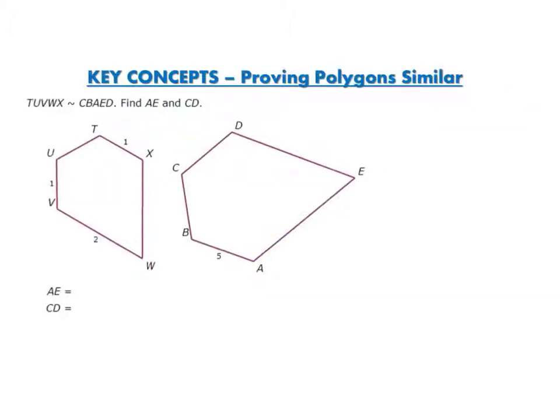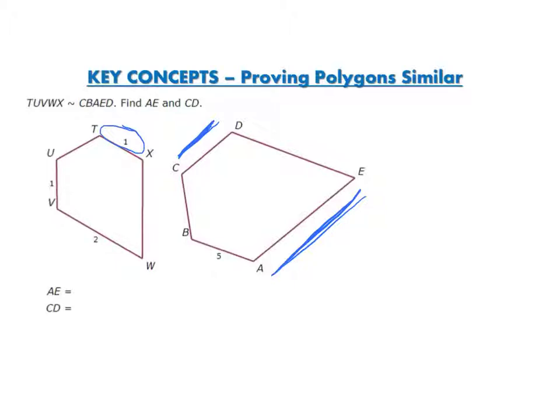All right, this time we are looking for the length of sides. I have two pentagons. It says they are similar. It wants me to find the length of AE and CD. All right, so I need to first of all get a scale. So I'm going to find, here's a number right here, which is TX.